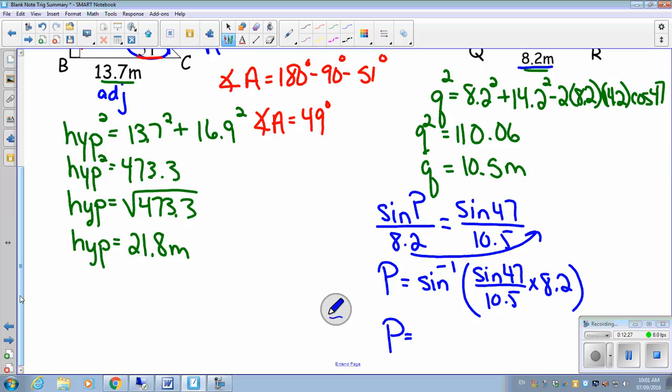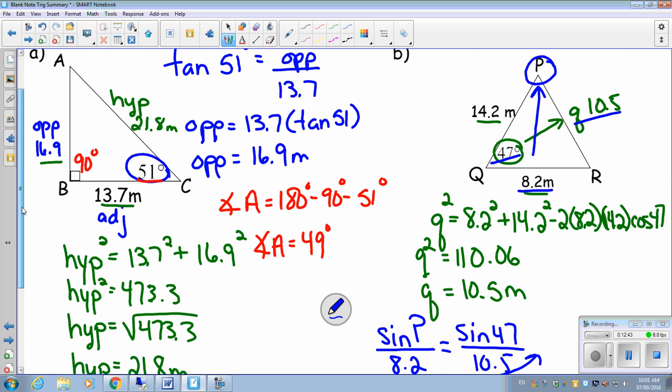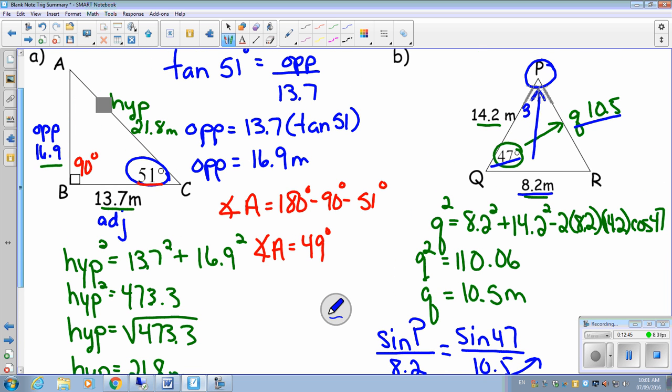After having done sine law, you should be good at this calculation. Times 8.2. And I have a grand total of 35 degrees. So I know now that angle P is 35 degrees.